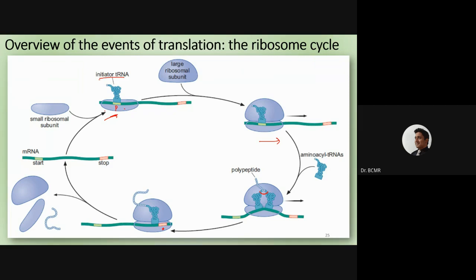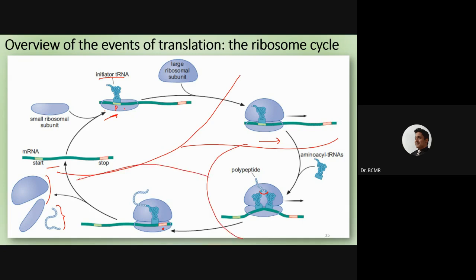That is where termination occurs, where the ribosomal subunits are released, the newly synthesized protein is released, and the mRNA is released. So from here to here we will discuss as initiation, or maybe we should go till here. This is initiation, and from here as elongation, and then termination.